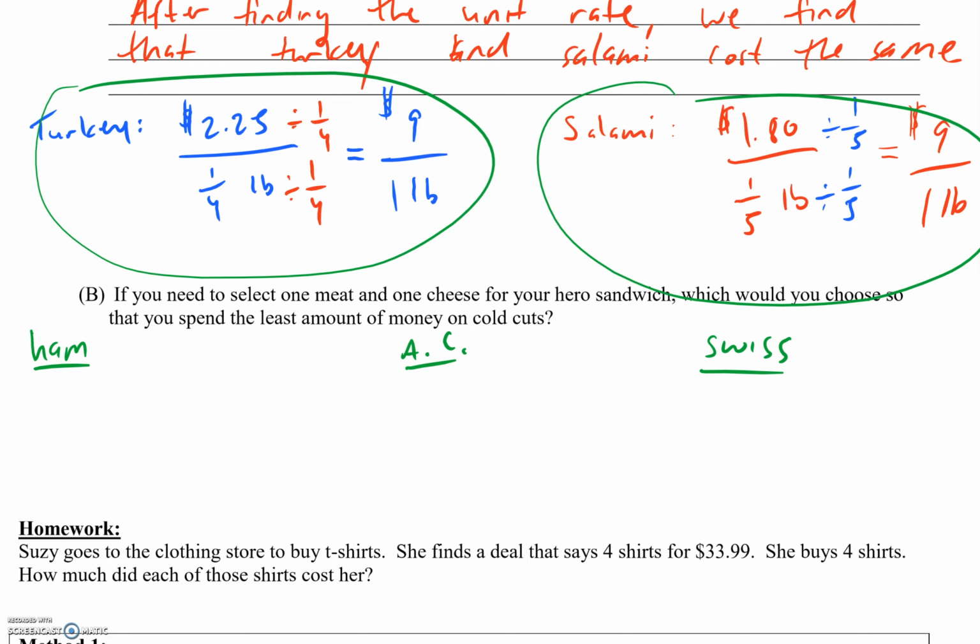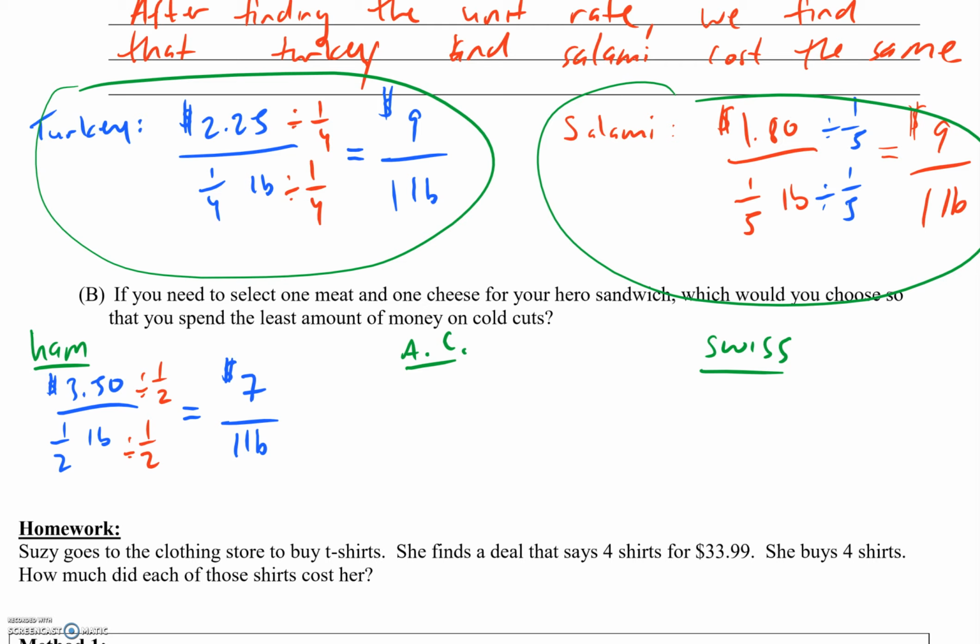We got ham, $3.50 for a half pound. Divide the top and bottom by the bottom number. On the bottom we get 1 pound, and up top we get $7.